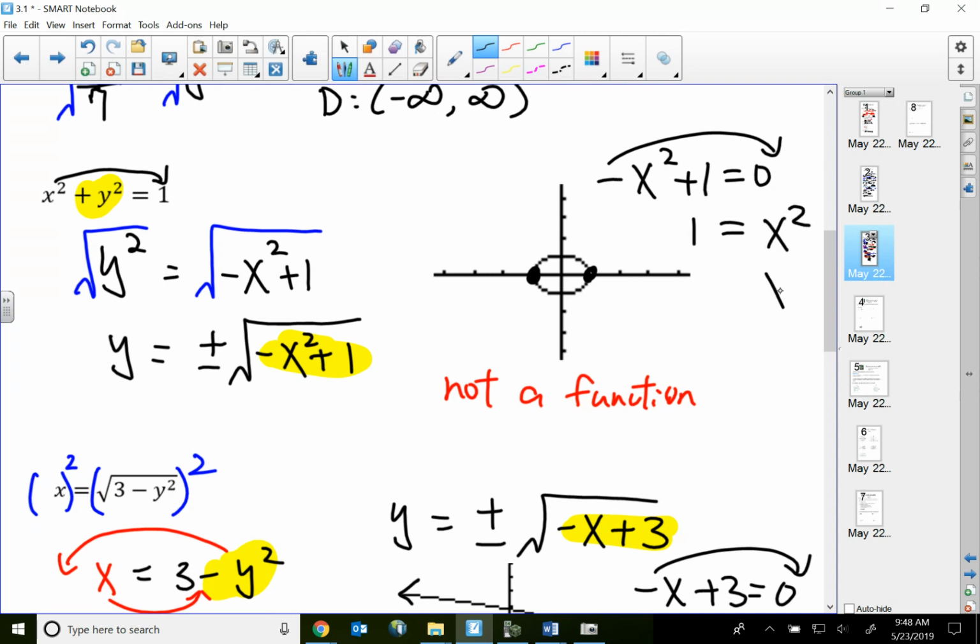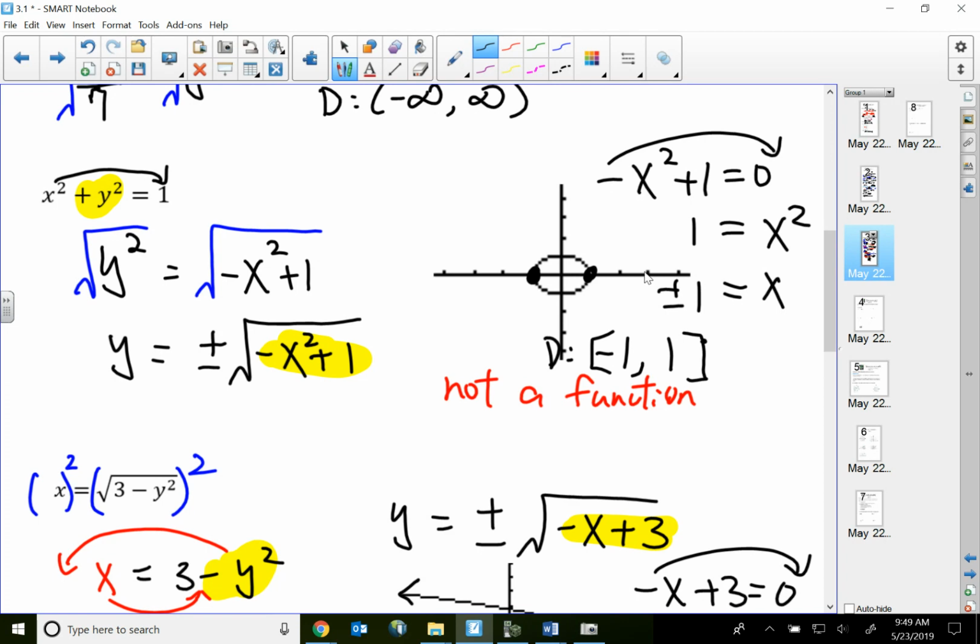So when I take the square root on both sides, my answer is positive negative square root of 1, which is still 1. So my domain starts at -1 and ends at +1, right? Small to large, left to right. And both points are on the circle. So that's my domain for this circle graph.